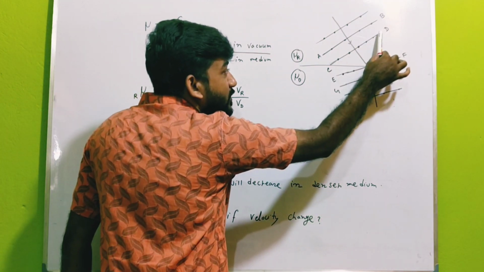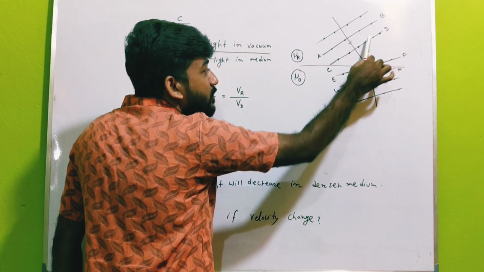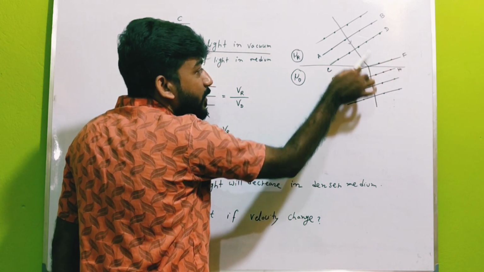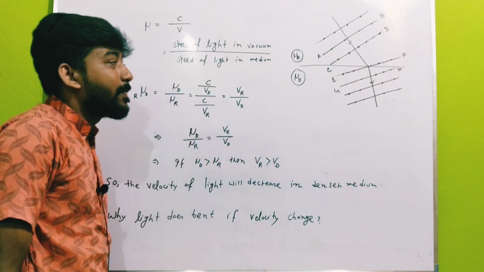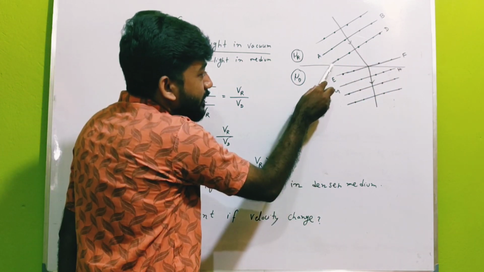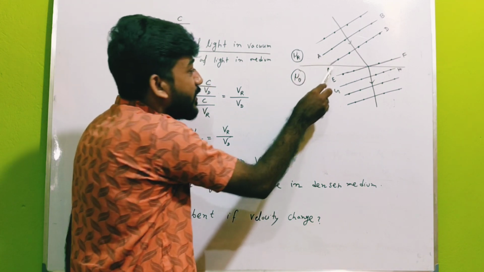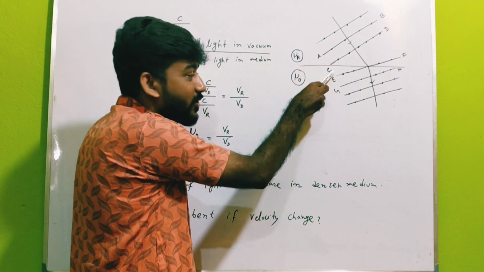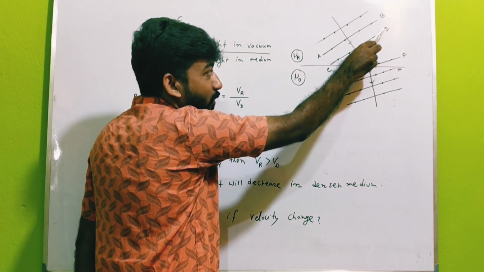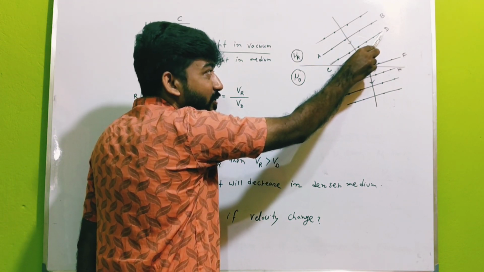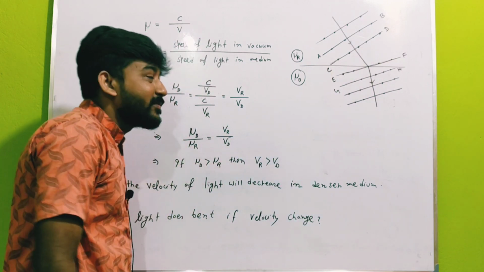Similarly for these points also, this point will first, this point then, this point then, orderly it will reach this medium. So when this person enters this sand road, its velocity will decrease. But this person who is already on the dry road, its velocity will remain the same.